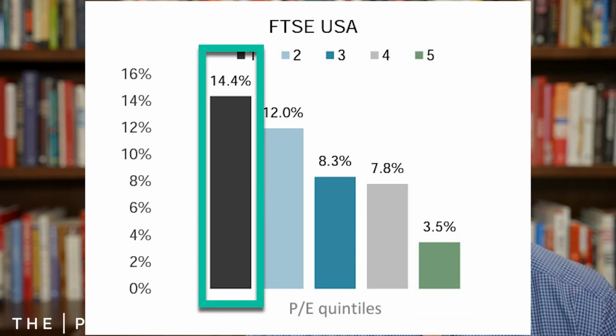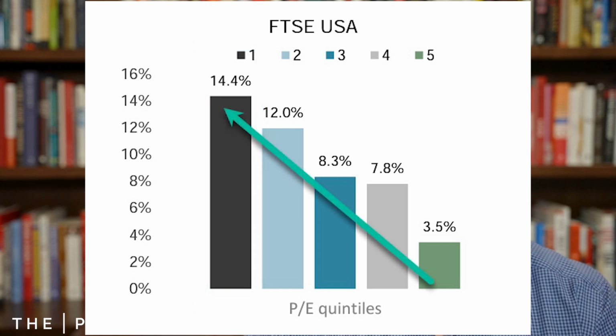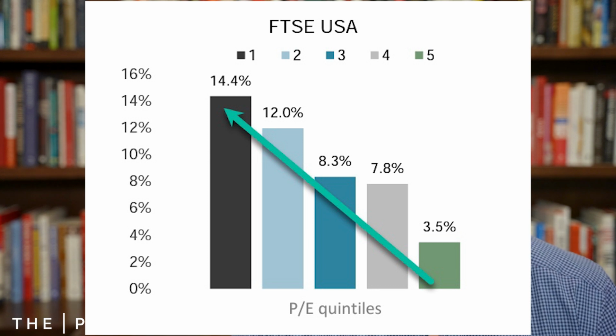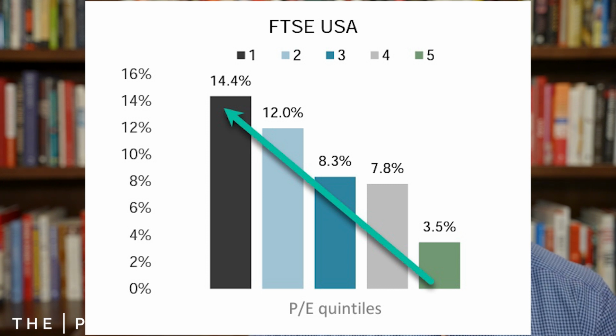And as you can see, it's a pretty straight line in the sense of the most expensive stocks have a relatively low forward-looking rate of return. Right? So if you bought the most expensive stocks, you averaged about 3.5%. If you bought the least expensive stocks, you averaged over 14%. So that's a pretty big difference.